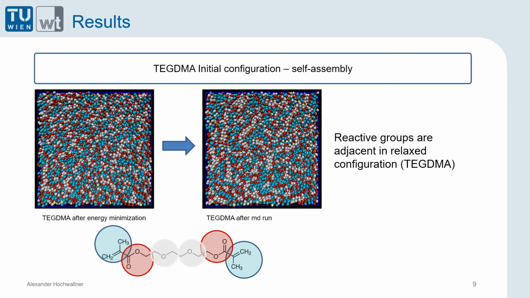So after packing of the simulation box, energy minimization and a molecular dynamics run, in the case of TechDMA there's an interesting fact: after the molecular dynamics run, we can see some self-assembly of the molecules, which means that the reactive groups, here the blue beads, are adjacent after a certain time. So starting from a more or less random configuration, the molecules self-assemble and reactive groups are adjacent to each other.